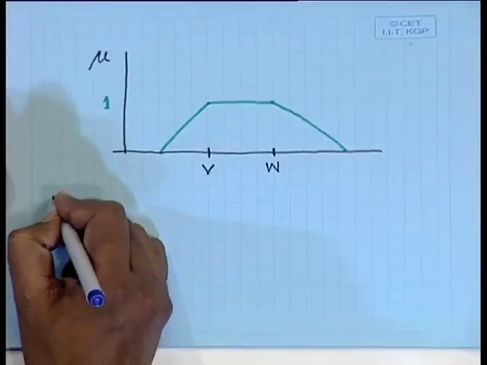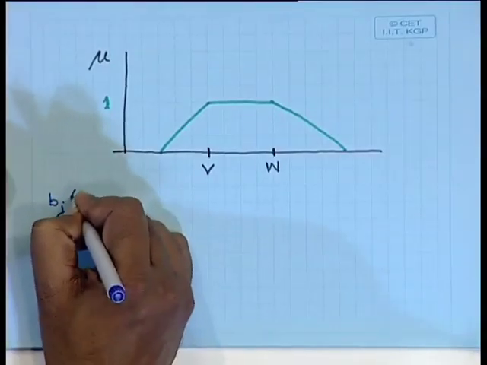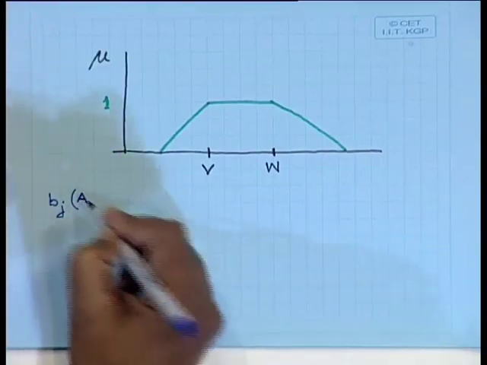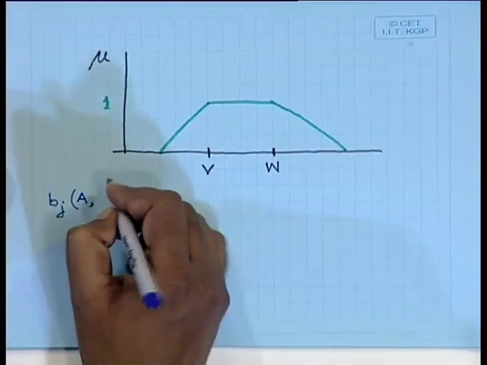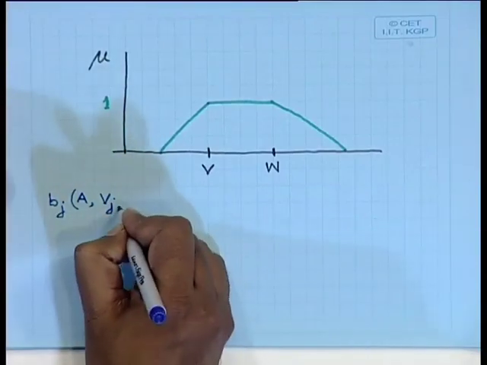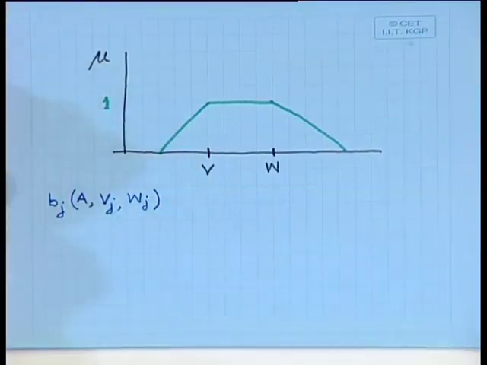So, I can have a functional representation something like this, say bj, the arguments are my input feature vector a, then vj which is the mean point and wj which is the max point.